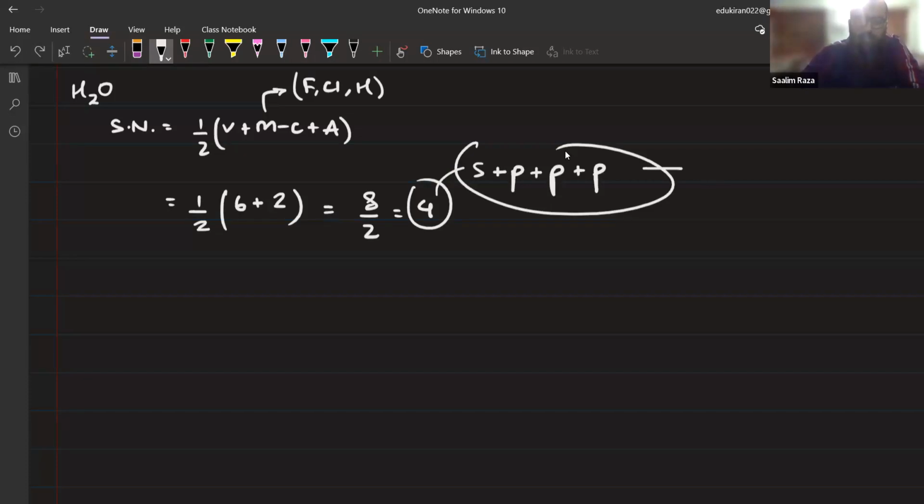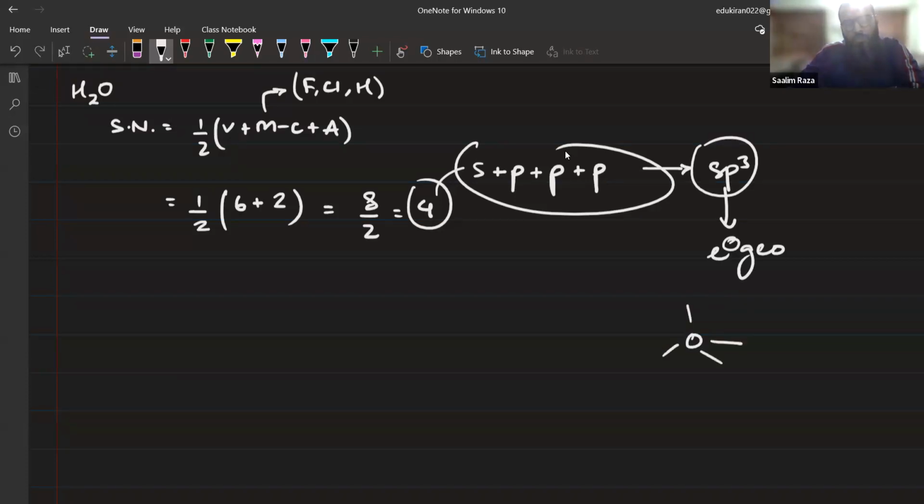Now, for sp3, you have to memorize, even though it is logically explainable, that the electronic geometry you are going to get is tetrahedral. That means you will have oxygen like this.